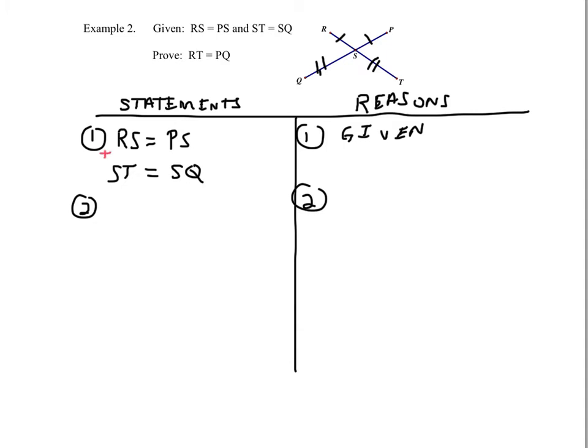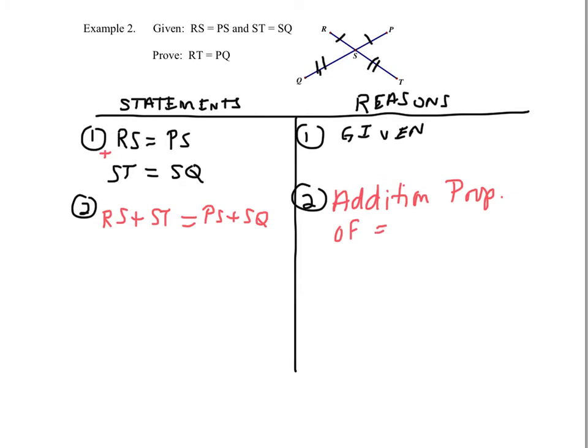If I just put a little plus sign here, imagine if we were to add RS plus ST, we could then say that that's equal to PS plus SQ, because this is an example of the addition property of equality. Because we have equal amounts here, and we're adding them to two equal items here. So RS plus ST is indeed equal to PS plus SQ.